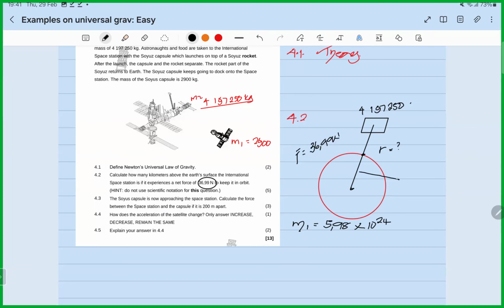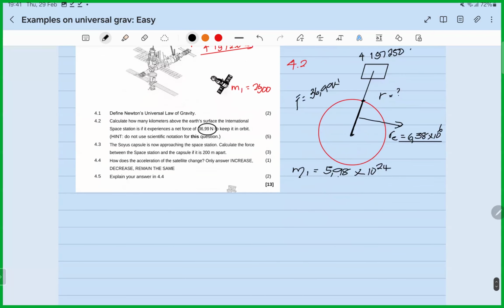That radius of the Earth alone, which is this blue bit here, is 6.38 times 10 to the 6 meters. Maybe even that we can get away with not using scientific notation. I'm going to try my best not to use it there. Let's see what happens though. But the mass of the Earth, we have to use it. Right, let's find out what R is.